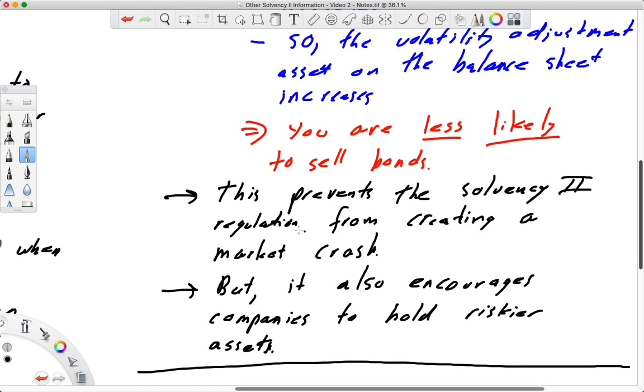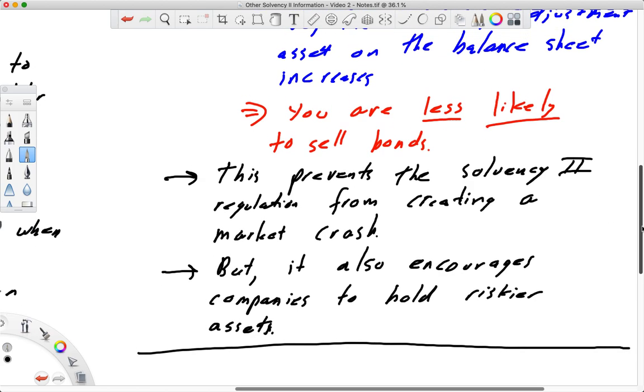So it's a high-level additional adjustment to the regulations, almost at the end, in order to make sure that the regulations don't incentivize insurance company behavior that is not in everybody's interests. That's the idea.